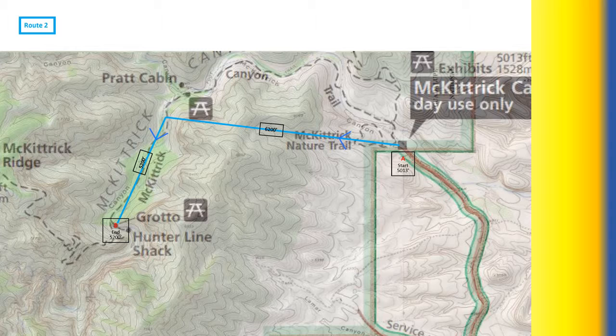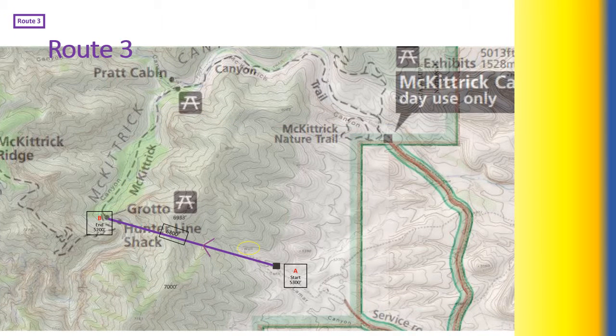Route 2 takes a little more direct route, okay, starting in the same place, cutting across this mountain peak, and coming down the trail to the grotto. And finally, this route has a different starting point.